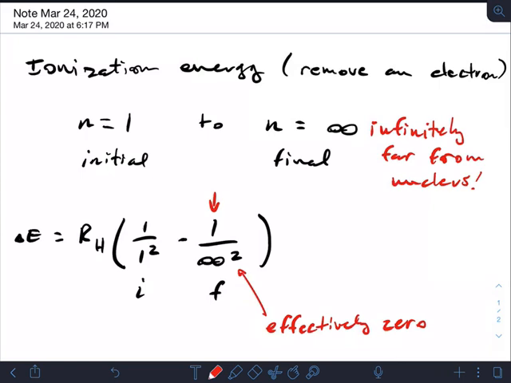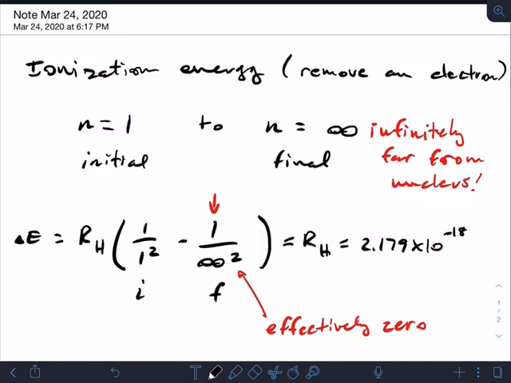And then 1 over 1 squared is basically just 1, so it's R sub H, which equals 2.179 times 10 to the minus 18 joules.